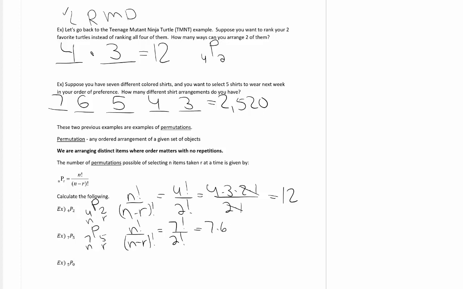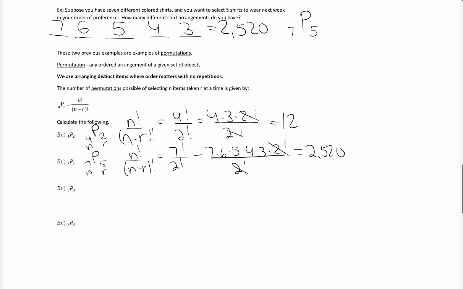I'm going to go 7 times 6 times 5 times 4 times 3, and I'm going to stop at 2 factorial because that's exactly what I have in the denominator. Remember, I could write it as 2 times 1, but I'll stop there. So 7 times 6 times 5 times 4 times 3 is 2,520. The shirt example that we just did was also a permutation of 7 shirts, and I'm selecting 5 of them for the week.